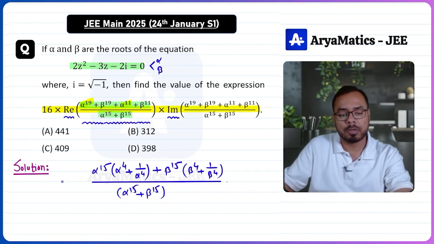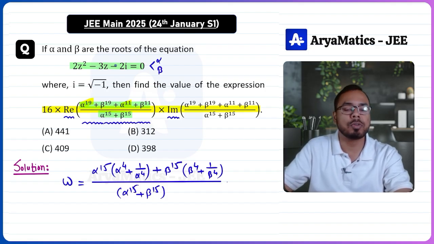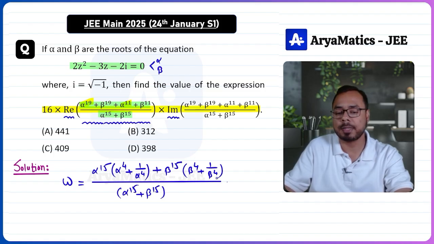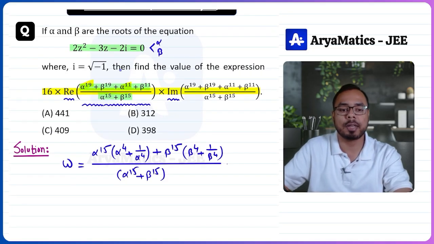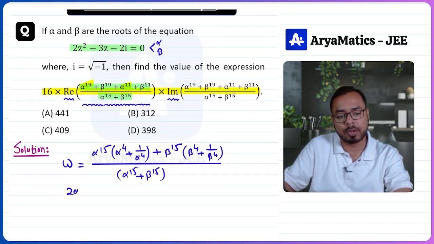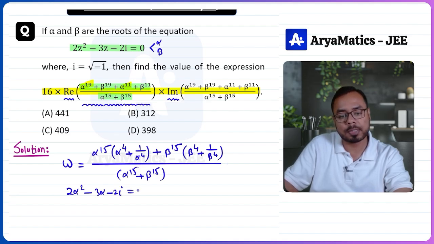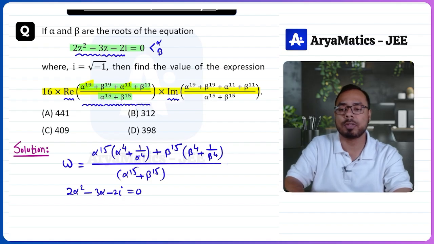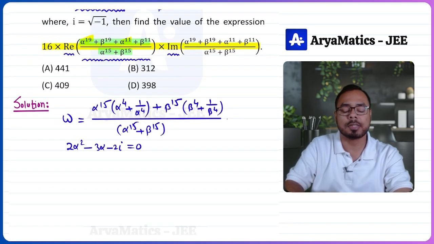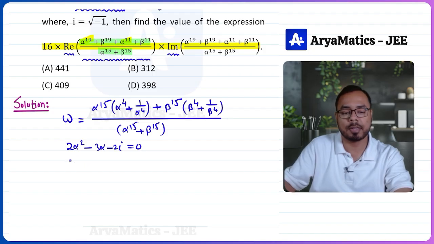Because alpha is the root of this quadratic equation, we'll try to find the value of alpha raised to 4 plus 1 by alpha raised to 4, and the same thing we can do for beta. So if alpha is the root of the given quadratic equation, we can say that 2 alpha square minus 3 alpha minus 2 iota equals 0. In place of z, we can substitute alpha. Now we have to think about how to create the term alpha raised to 4 plus 1 by alpha raised to 4.